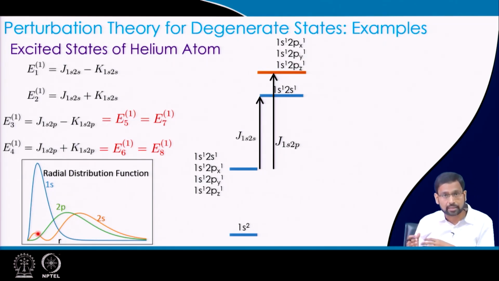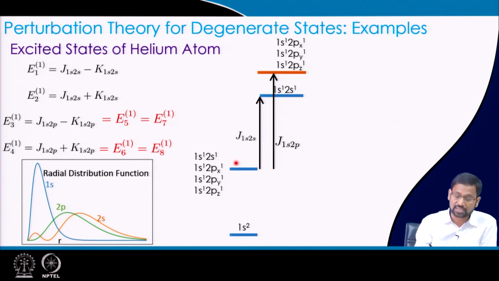On the other hand, the 2p electron cannot penetrate so close to the nucleus and therefore into the regime of the 1s charge cloud. So, more of the charge cloud of the 1s electron is going to repel the 2p electron. Therefore, the Coulomb interaction or charge repulsion between 1s and 2p is going to be greater than what we see between 1s and 2s.